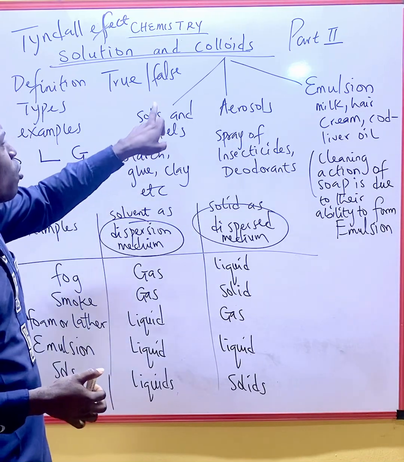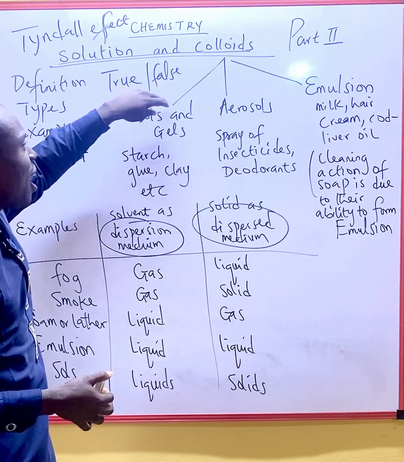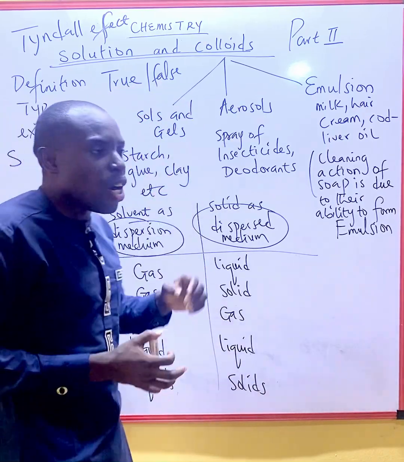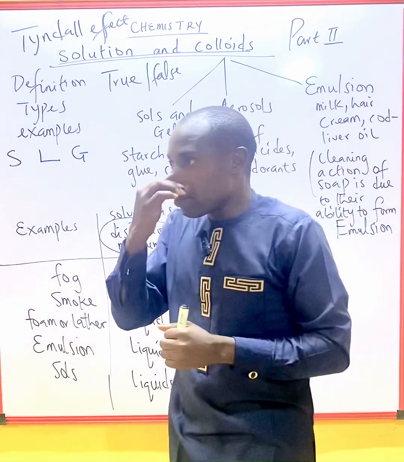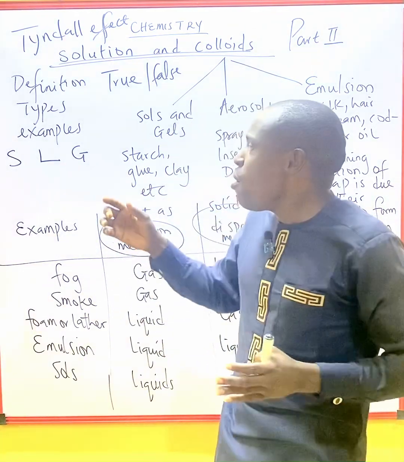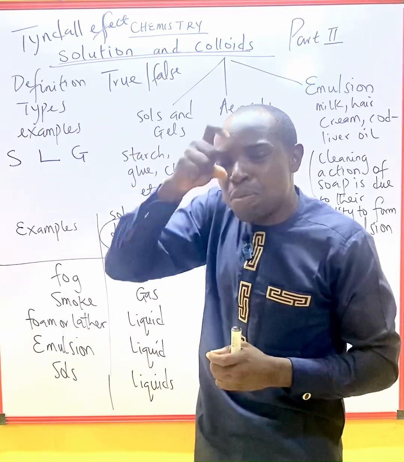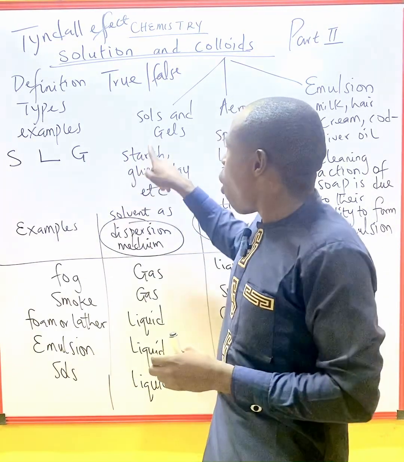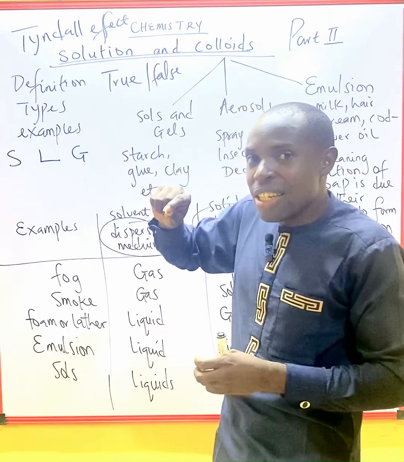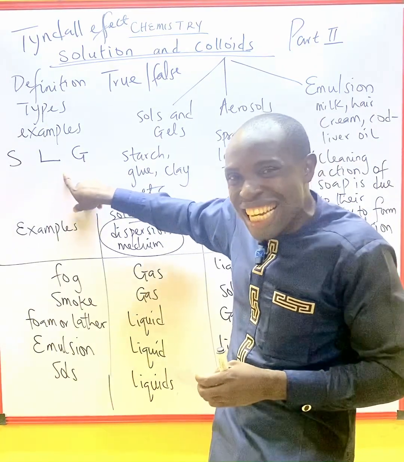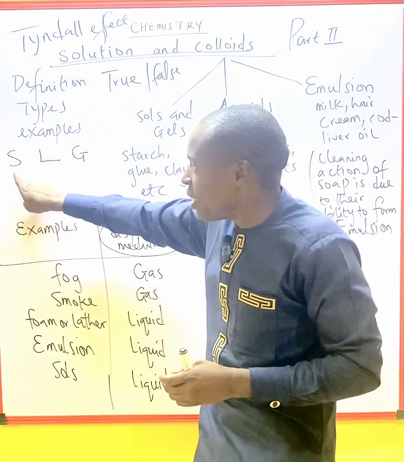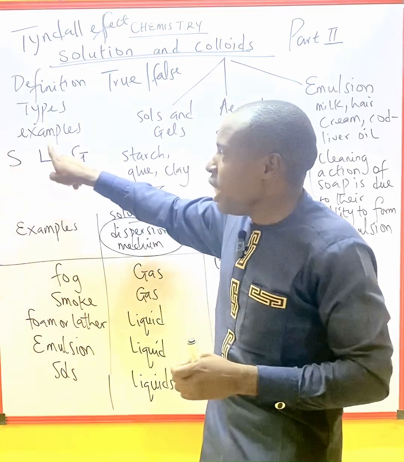Now, what are sols and gels? They are substances in which the solid is dispersed in the liquid. Meaning, for sols, the solid is dispersed in the liquid. Look at it: SLG, solid state, liquid state, gaseous state.